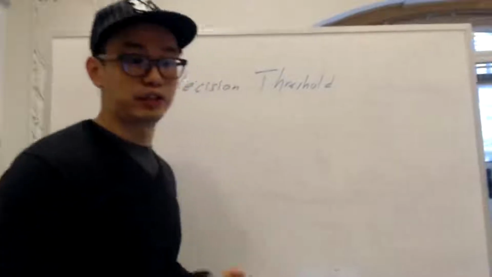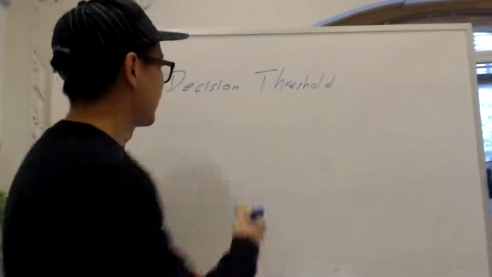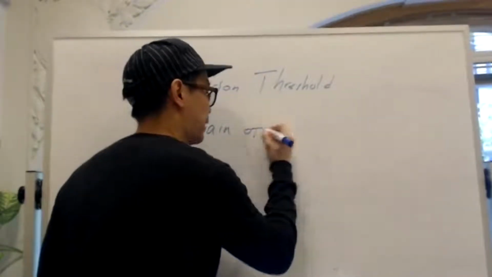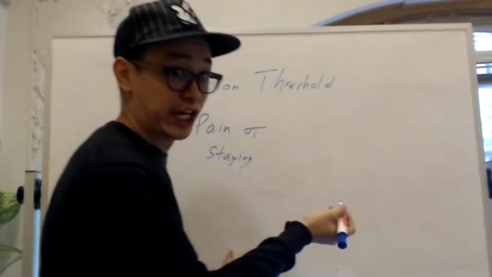The decision threshold, in a very simplistic way of saying it, is that there is the pain of staying the same, so the pain of staying, and you have the pain of changing.